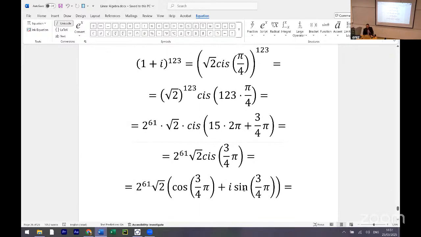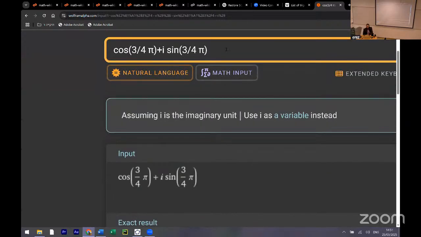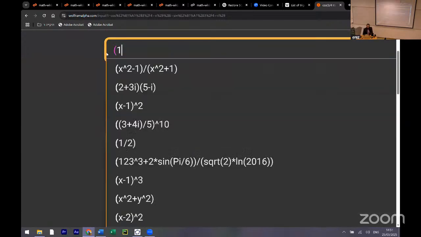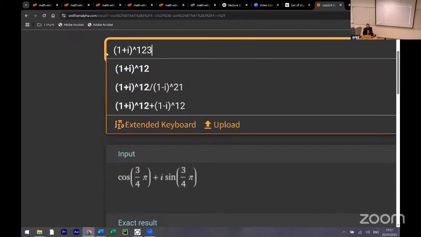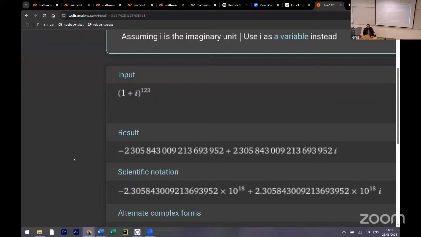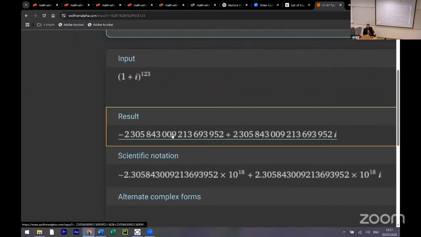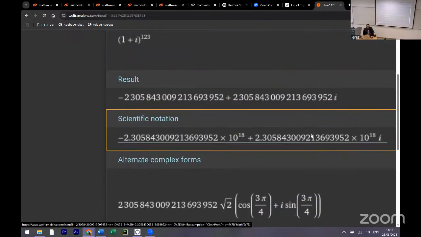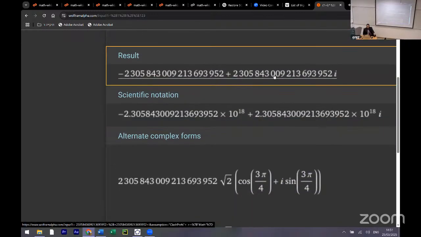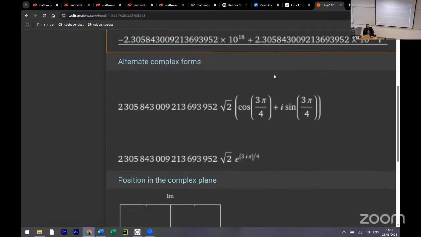Okay, so let's check Wolfram. On the one hand, I will tell it (1 plus i) to the power of 123. Let's see what it says. Yes, so it's this huge number times minus 1 plus this huge number. So what do we hope for this huge number to be? 2 to the power of 61.